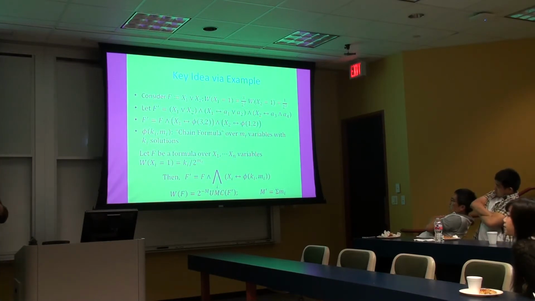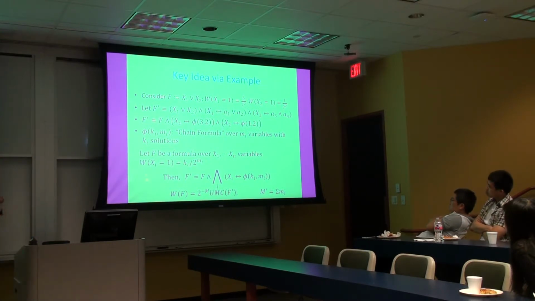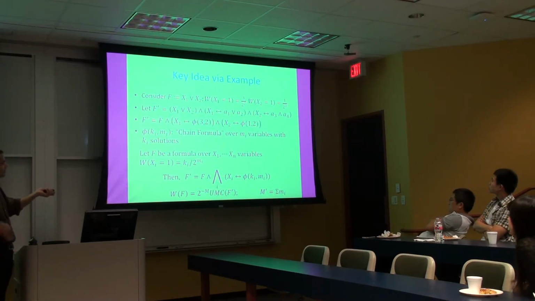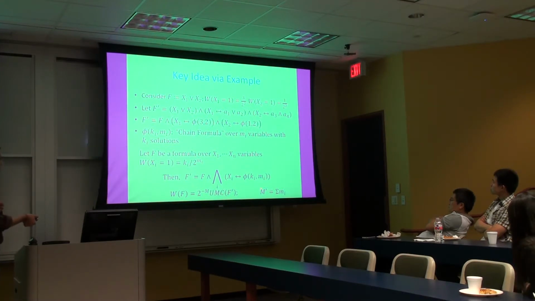So in general, if the formula is over x1 to xn variables, and the weight of xi equals 1 is ki over 2 raised to mi, then the formula f prime we construct is f conjuncted with all these clauses which are xi if and only if p of ki comma mi. And this does give us the guarantee that the weighted model count of f is 2 raised to minus m times the unweighted model count of f prime, and my bad, it should have been m equals sigma of mi.